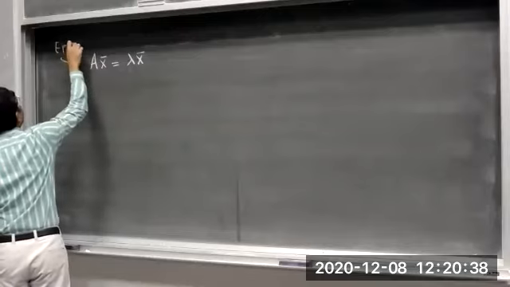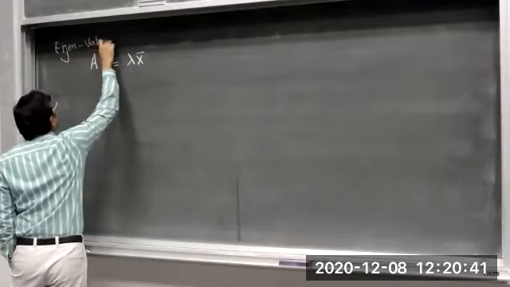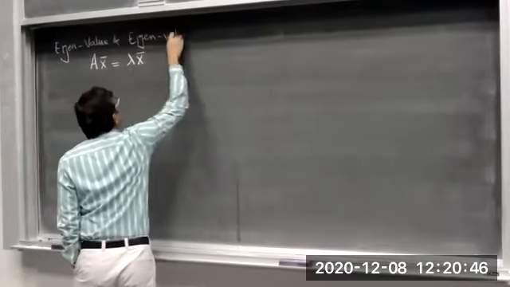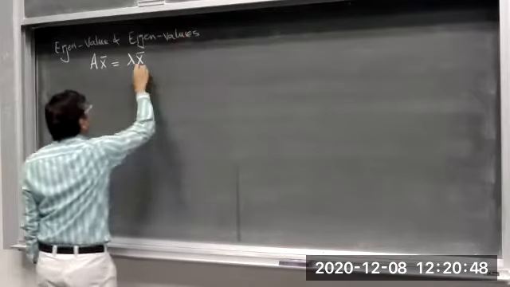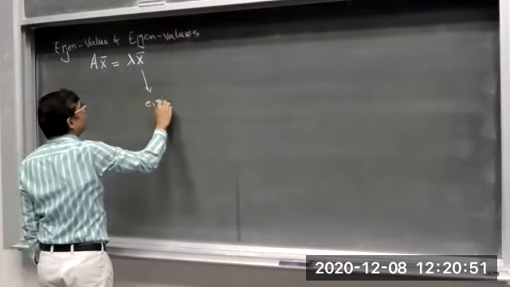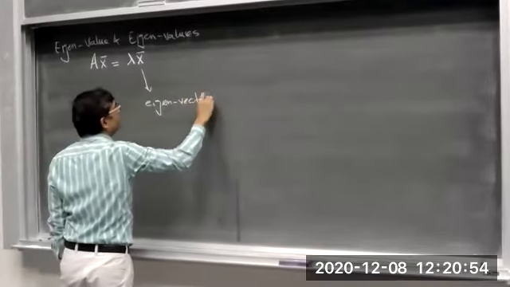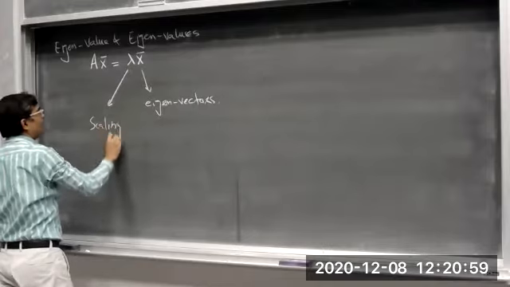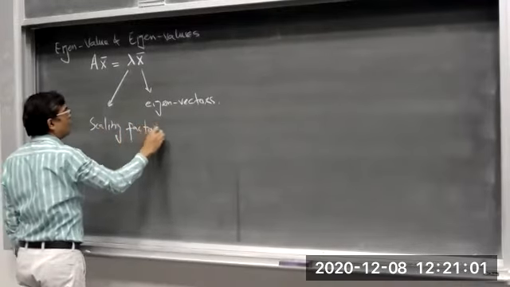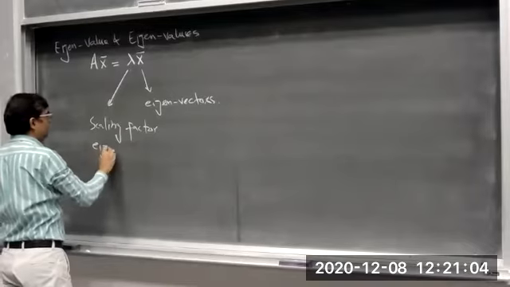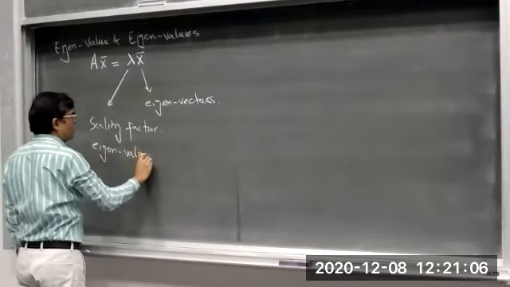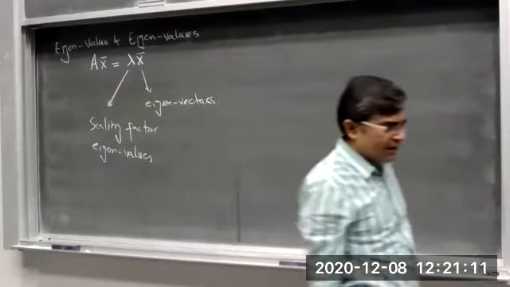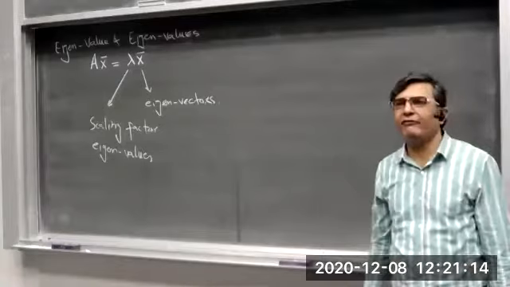This is the basic definition of eigenvalues and eigenvectors. So these vectors are called eigenvectors, and this scaling factor is called an eigenvalue. And why do we need such vectors and values?